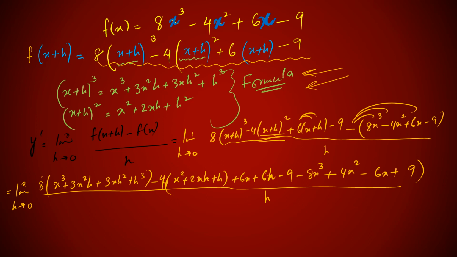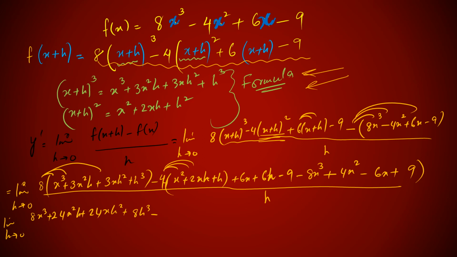Now first, open the bracket with the 8. So you will get 8x cube plus 24x square h plus 24xh square plus 8h cube minus 4. Now multiply every term of the bracket with negative 4.